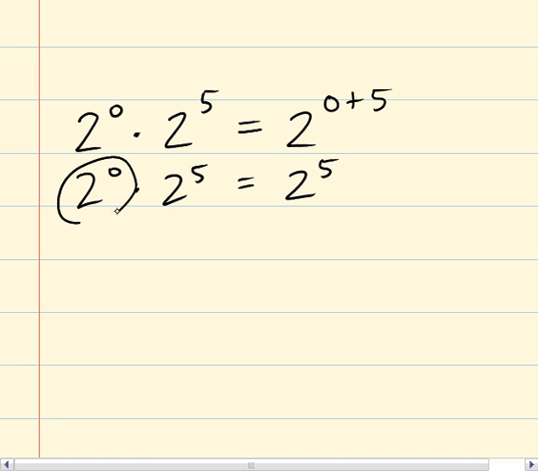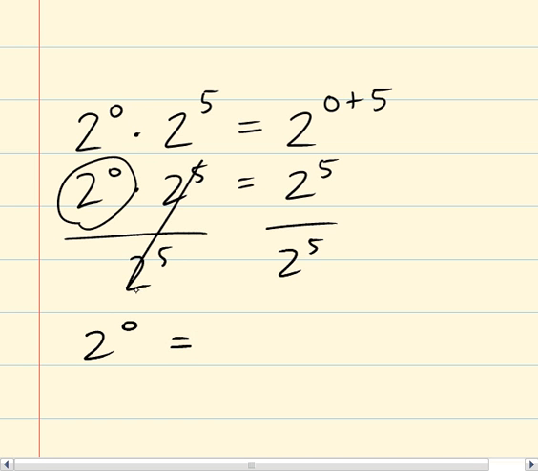We've got something times 2 to the fifth equals 2 to the fifth. Well, what number multiplied by 2 to the fifth would give you 2 to the fifth? 1, of course. You can algebraically solve for 2 to the 0 by dividing both sides by 2 to the fifth, and 2 to the fifth divided by itself is 1. So that 2 to the 0 equals 1 rule is forced upon us if we want this addition of exponents rule to continue to hold even when one of the exponents is a 0.